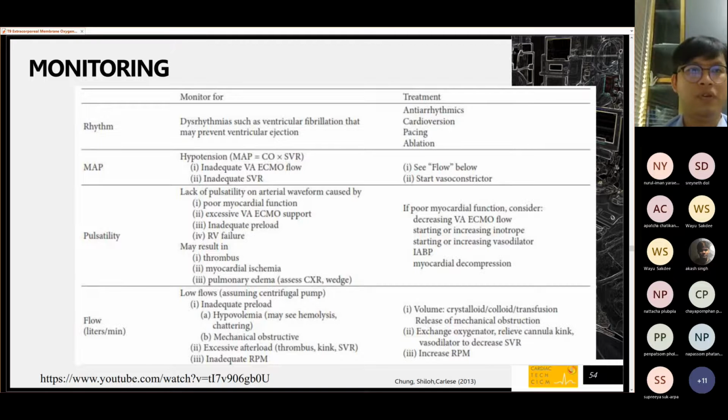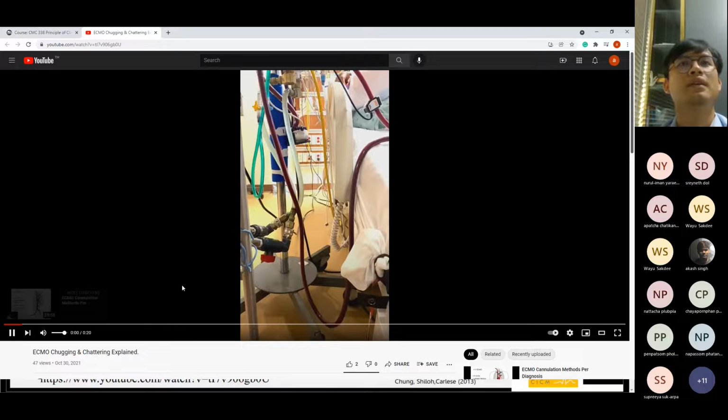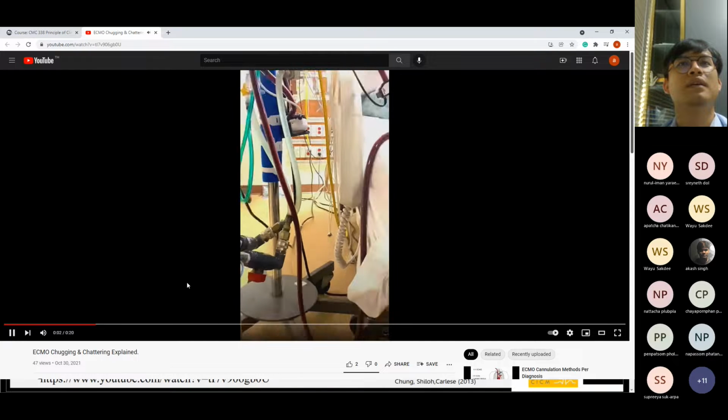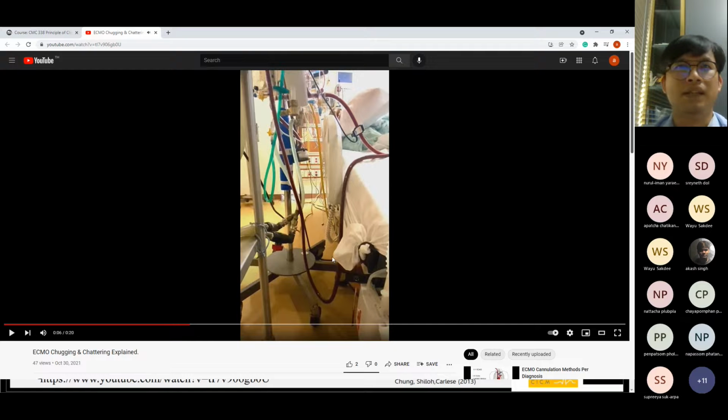Okay, I will show you what happens in this kind of ECMO circuit. Here is the venous line, here is the arterial line, because this is full flow. And it seems like this one is quite darker than this one. So you see that it's shaking on the venous line.